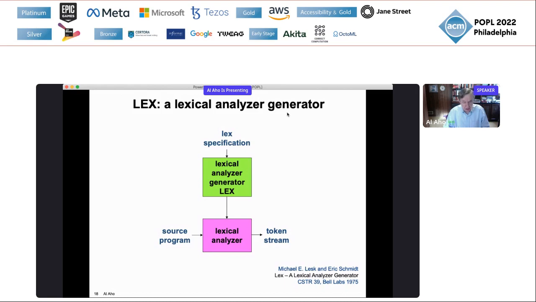As you may know, Eric Schmidt, when he grew up, became chairman of Google. Lex is a tool that allows users to create efficient lexical analyzers from regular expression-based specifications without having to learn an algorithm for efficient regular expression pattern matching.